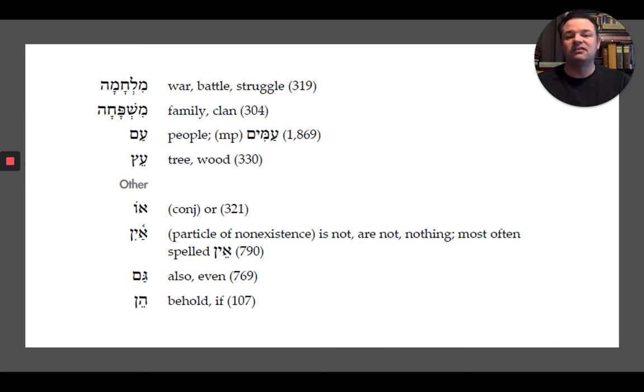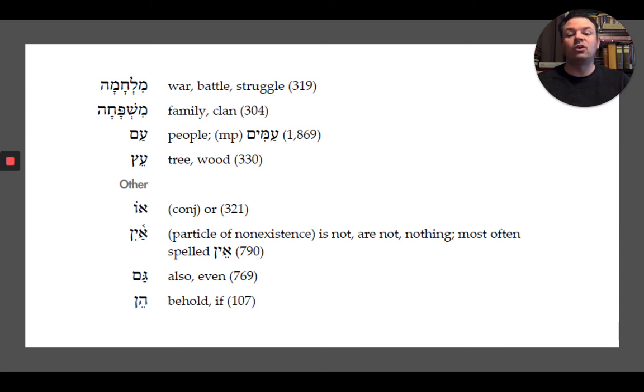Am is the word for people, sometimes in the plural, amim, peoples. Etz is the word for tree. We had the word chetz for arrow. This is a little bit different. Etz, tree or wood. So he had the wood for the sacrifice in the binding of Isaac narrative.